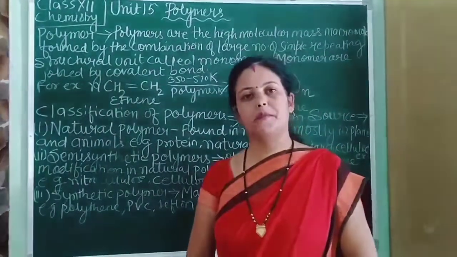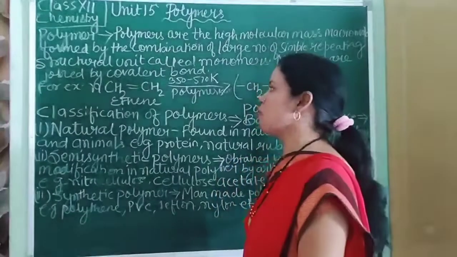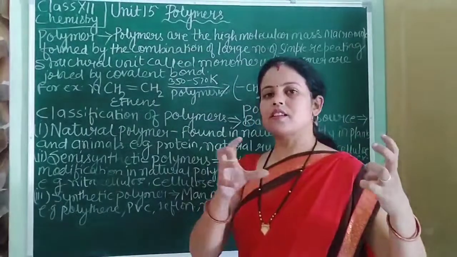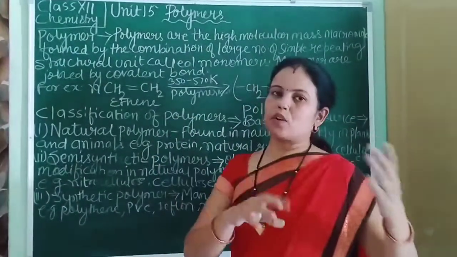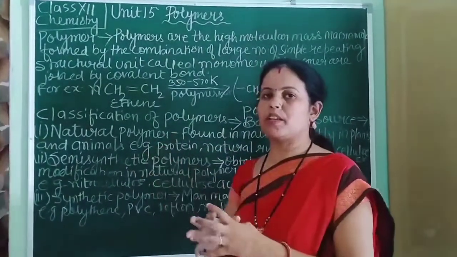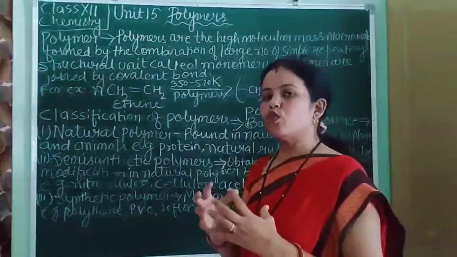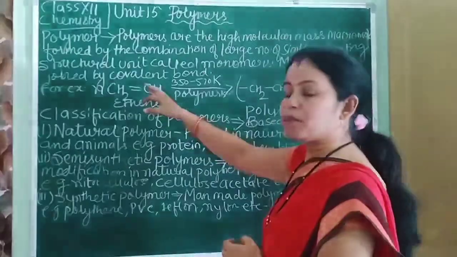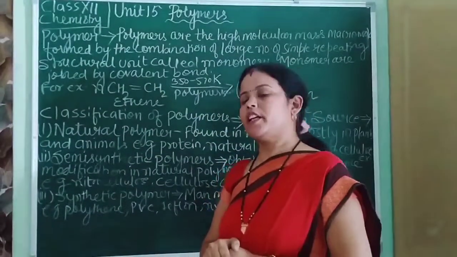Monomers are joined by covalent bonds. It means in polymers, about 100 to 1000 monomers are joined together to form macromolecules, and the process is known as polymerization.